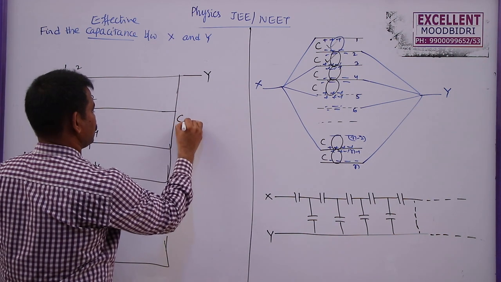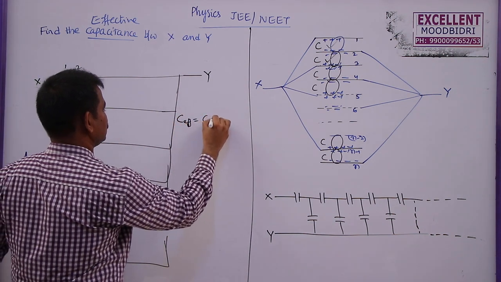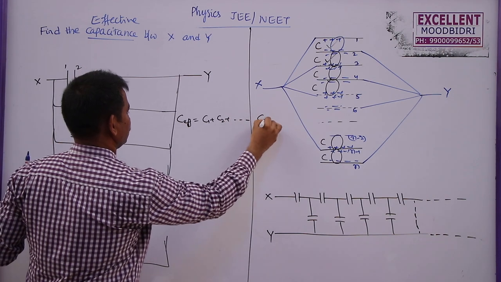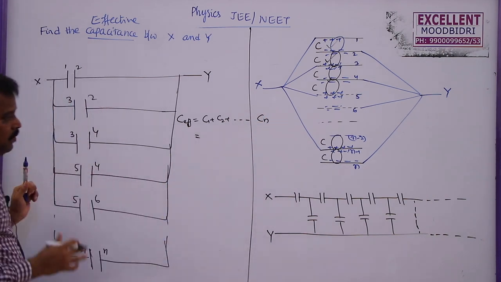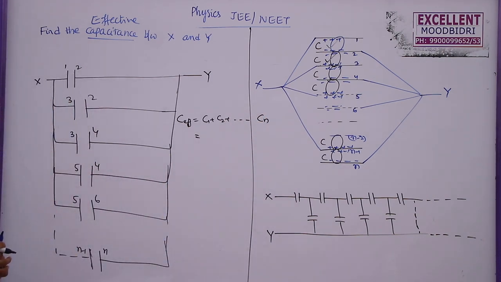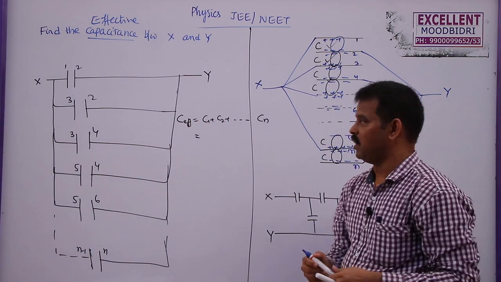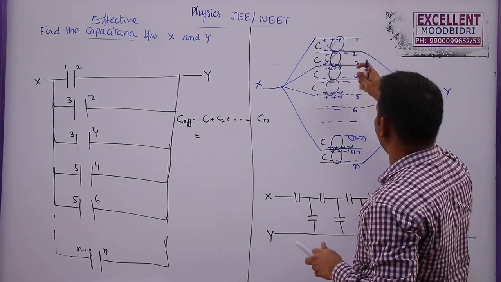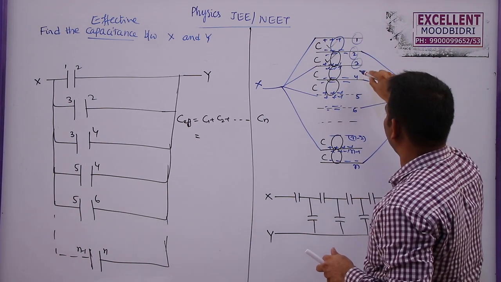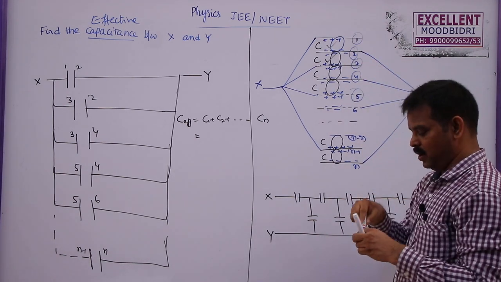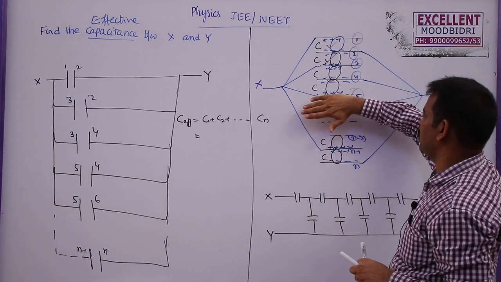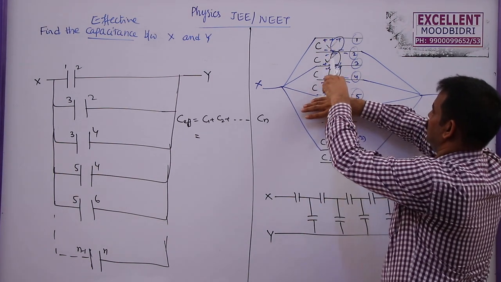So the effective capacitance of this combination is C1 plus C2 and so on, Cn. How many capacitors are there? Suppose you take only 5 plates, plate 1, 2, 3, 4, 5, how many capacitors are there for 5 plates? First capacitor, second, third, fourth.